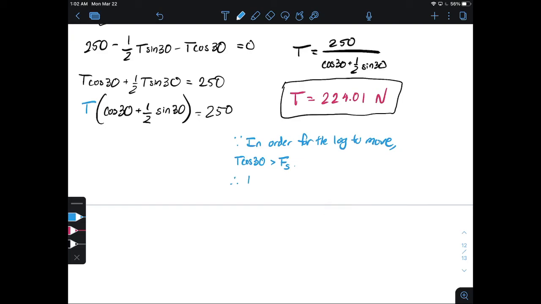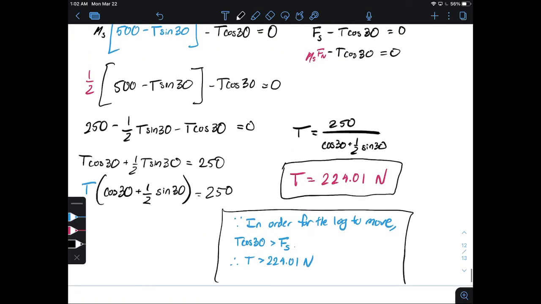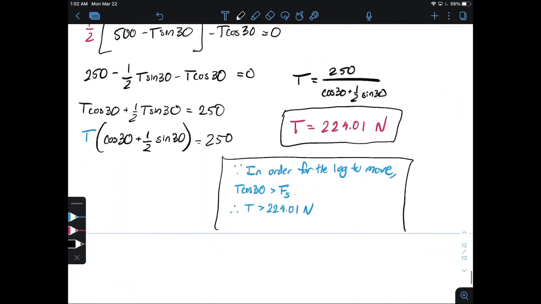So, therefore, T, the tension in the cable, must be greater than 224.01 newtons. I believe that would be correct, because any tension greater than that moves it. Yes, that is correct. Okay, so that is our two problems.